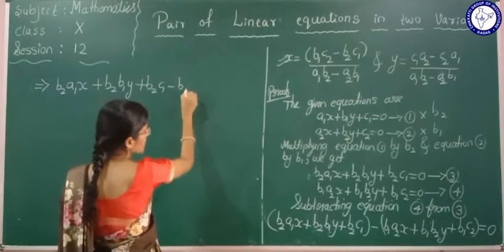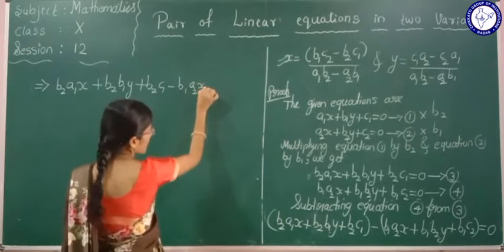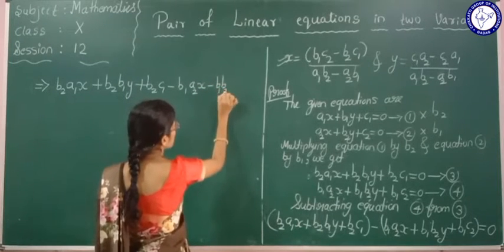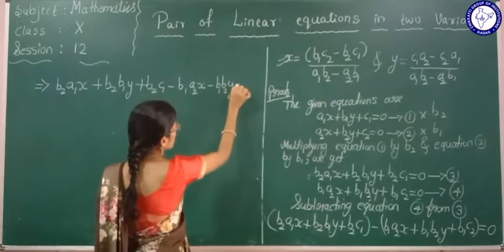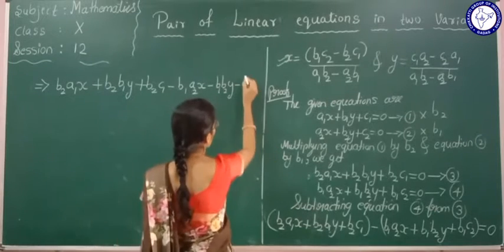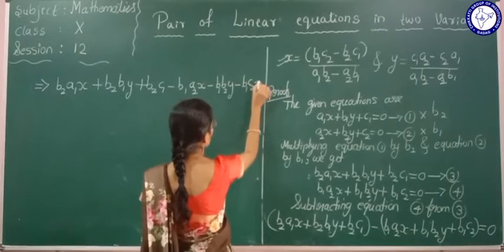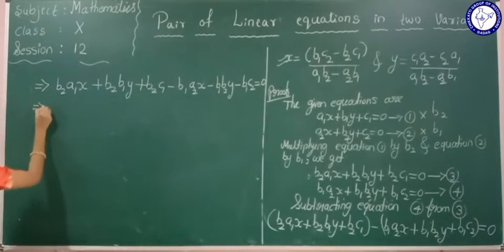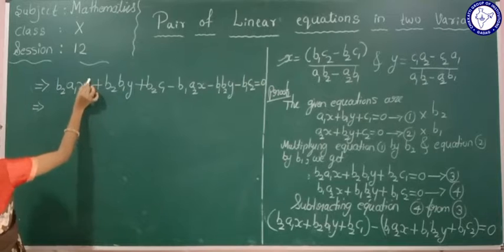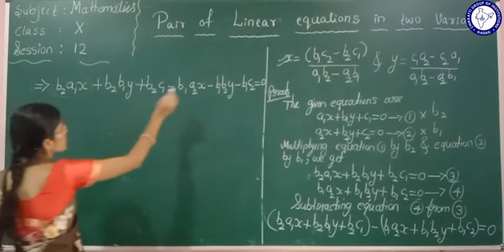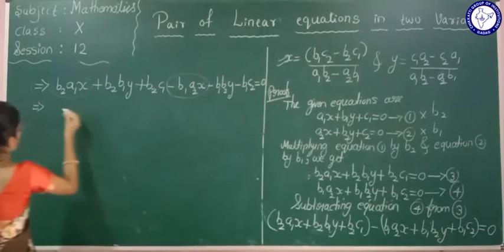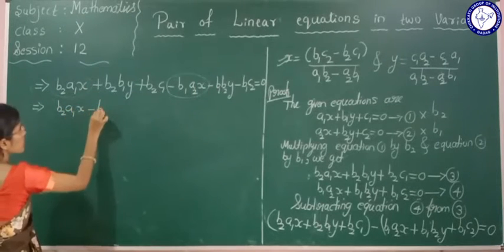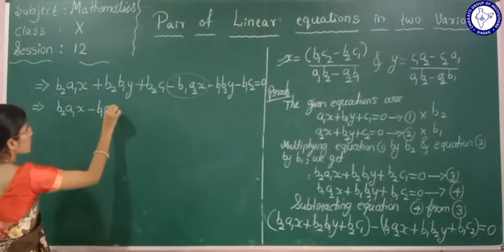Minus b1a2x, plus minus is minus b1b2y, minus b1c2 is equal to 0. Now we will collect the x terms on one side, that is, b2a1x minus b1a2x.